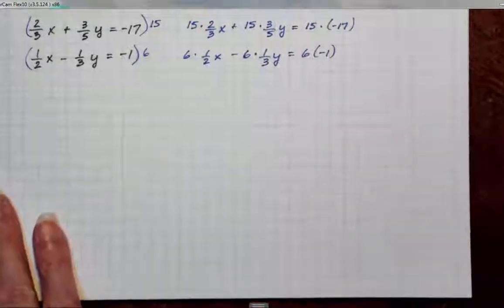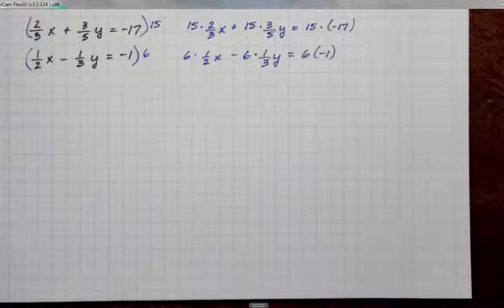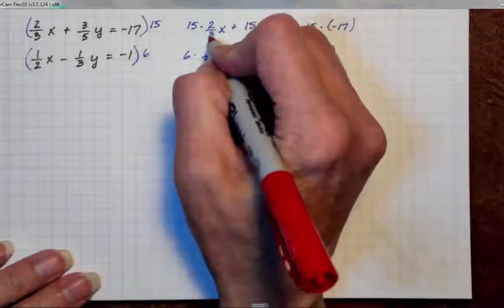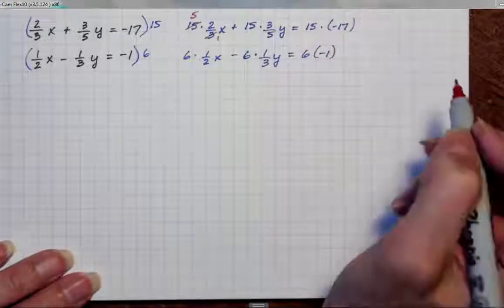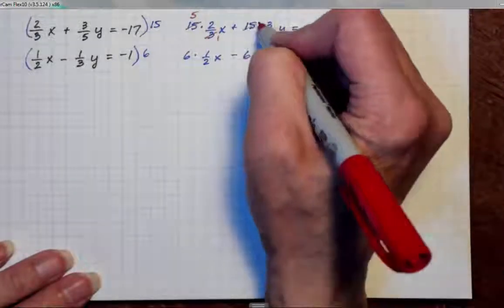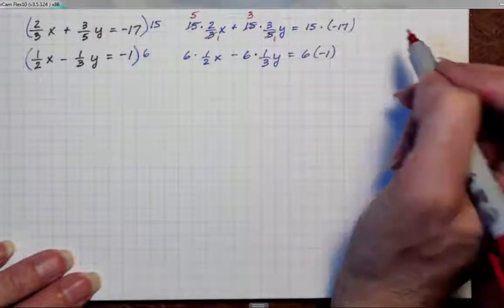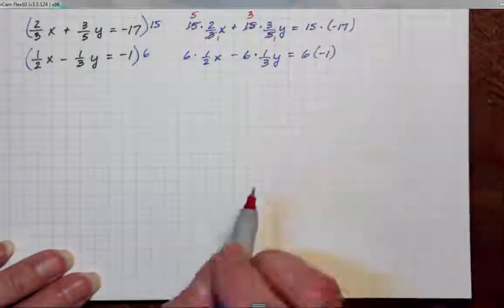And the reason that we multiply by our LCD is so that we can cancel out our denominators and get rid of them. So how many times does 3 go into 3? Once. How many times does 3 go into 15? 5 times. 5 goes into 5 once. 5 goes into 15 3 times. And then on the right we don't have any fractions, so we don't need to worry about that.